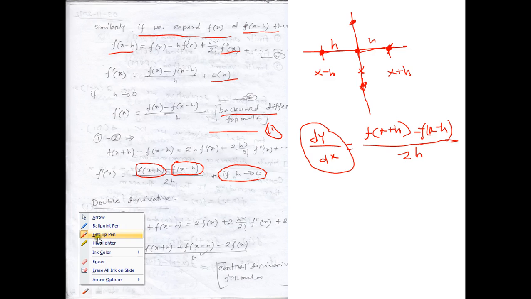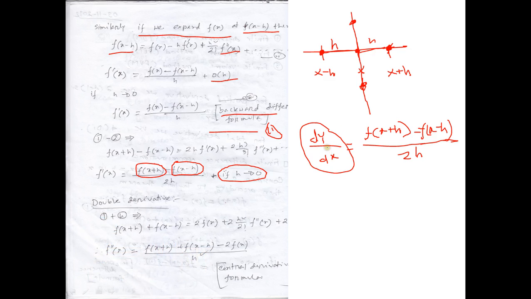In the first lecture I already said that we have to replace our derivatives by the finite difference approximation. So this is the finite difference approximation of the first derivative of any function, the central difference formula.